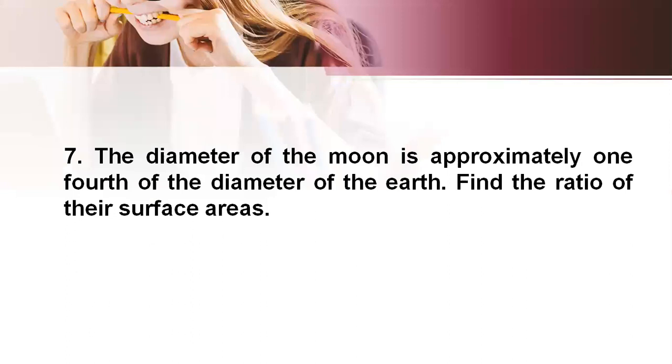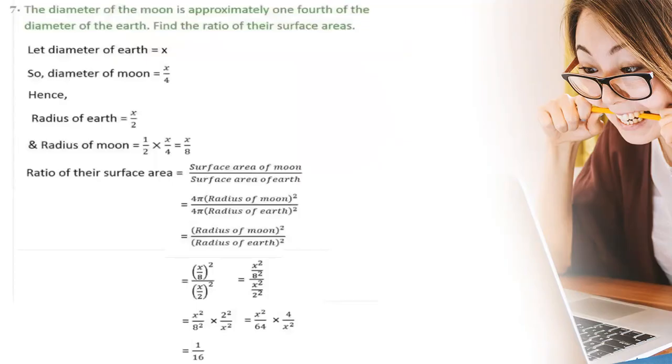Now coming to problem 7, the diameter of the moon is approximately 1/4 the diameter of the earth. We need to find the ratio of their surface areas. So here we are given that the diameter of the moon is 1/4 the diameter of the earth, and we need to find the ratio of the surface areas. We can solve this problem in two ways.